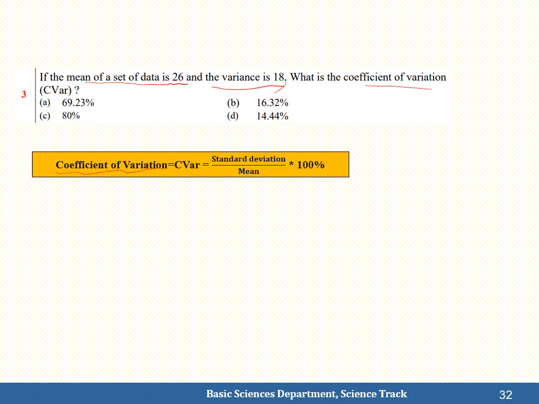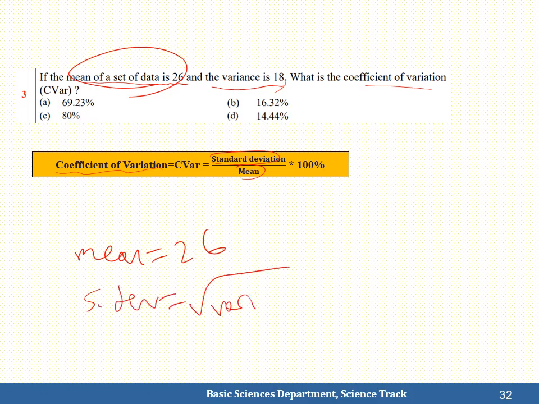So in this case, we need to find the standard deviation and the mean. The mean is given to us: 26. And the standard deviation, we know, is equal to the square root of the variance, which is the square root of 18.